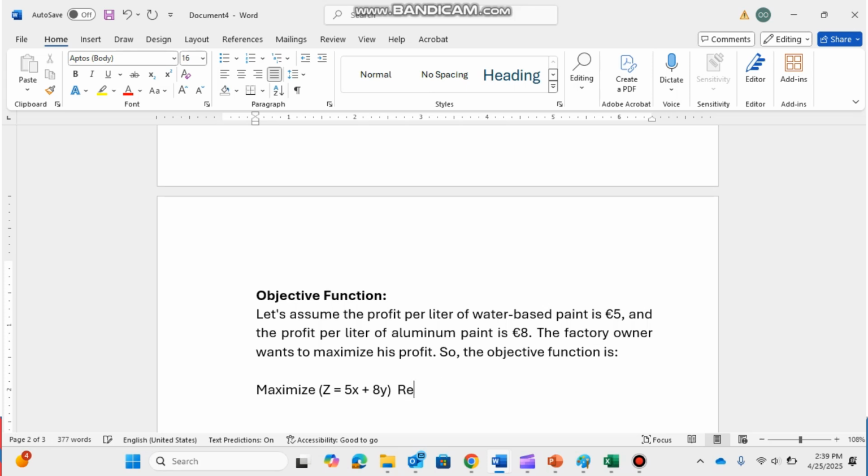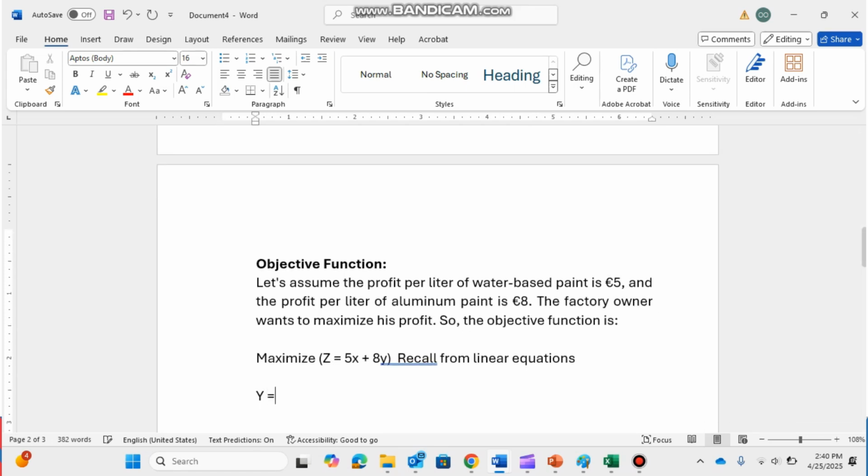If you recall from a linear equation, we say z equals ax plus by.